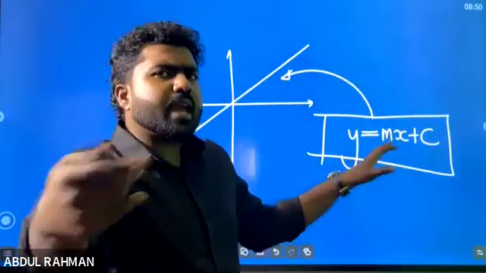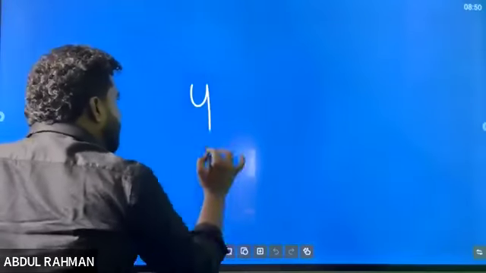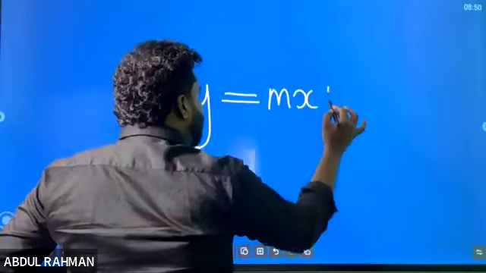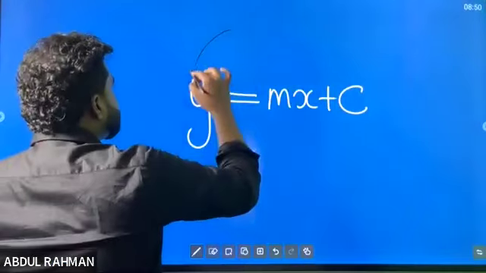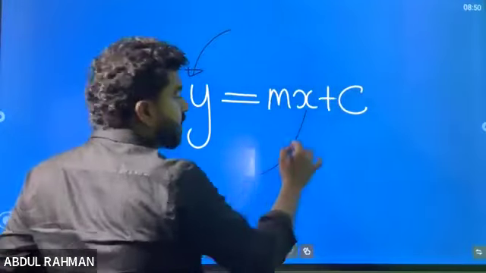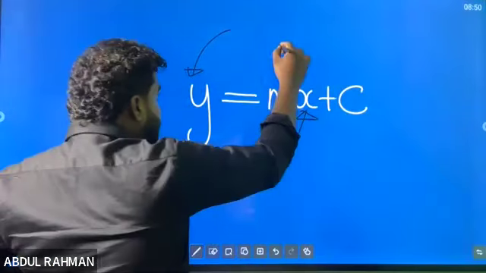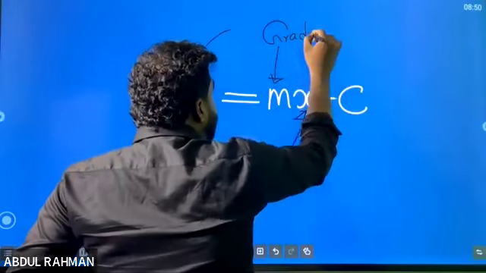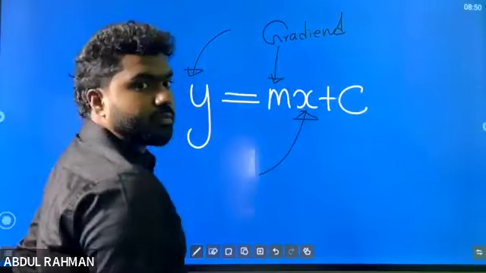In this, there are a few characters. Now again, I'm writing this: y equals mx plus c. y means the value of the y coordinate. x means the value of the x coordinate. m is called the gradient of the graph.